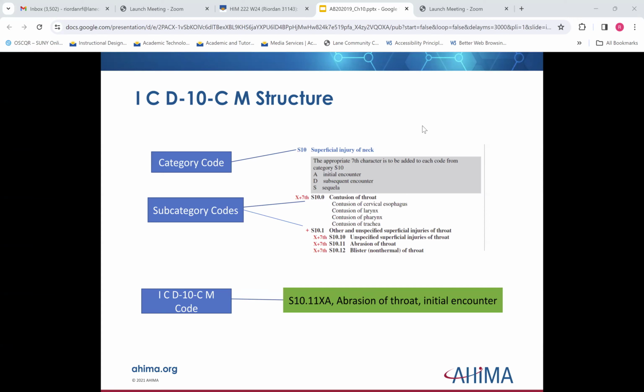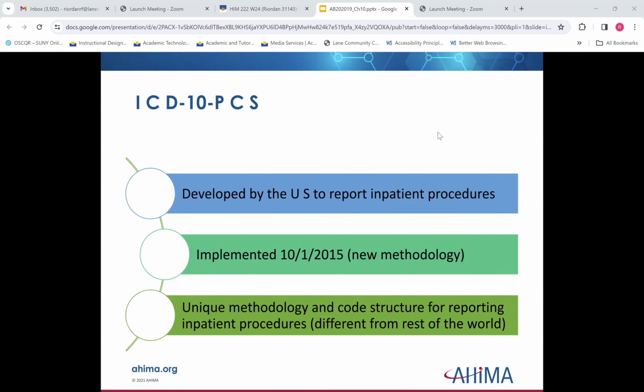We have laterality, all these things that are specific to ICD-10-CM. With the PCS code, this was developed in the US to report inpatient procedures, a little bit different than ICD-10-CM. ICD-10-CM was developed by the World Health Organization and then implemented here for clinical modification in the United States, hence the 2 letters CM.